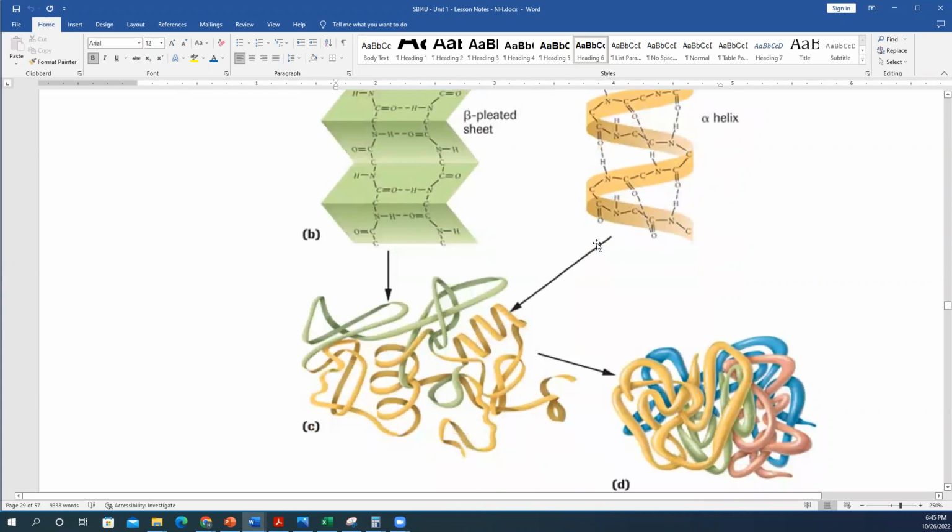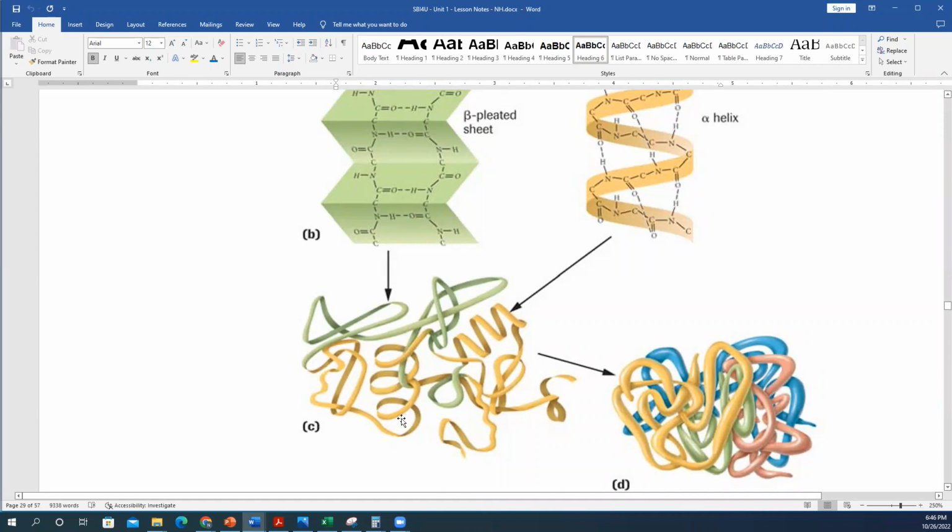And then these two types of secondary structure, together with various loops and turns, pack together to form the tertiary structure, or the overall three-dimensional shape of the protein or the enzyme. And in some proteins or enzymes, you have more than one polypeptide.